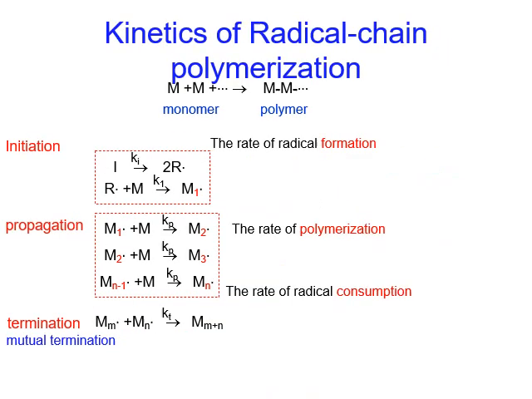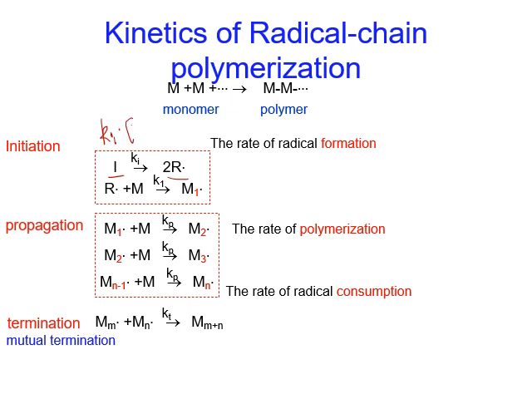Let's look at the kinetics of radical chain polymerization. The initiation step is the step to form radicals, and the rate determining step is the first step. The initiator forms 2 radicals, and it's a unimolecular reaction, so it's a first order reaction. The rate law is ki times I, where i means initiation step.